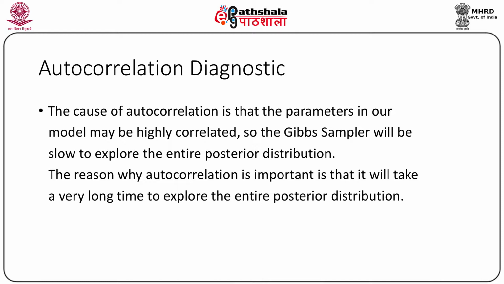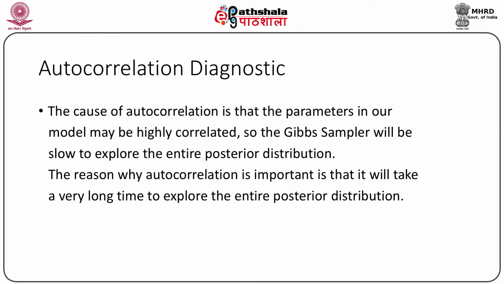Autocorrelation diagnostic. Note that if the level of autocorrelation is high for a parameter of interest, then a trace plot will be a poor diagnostic for convergence. Typically, the level of autocorrelation will decline with an increasing number of lags in the chain. For example, as we go from the 1000th to the 1010th lag, the level of autocorrelation will often decline.